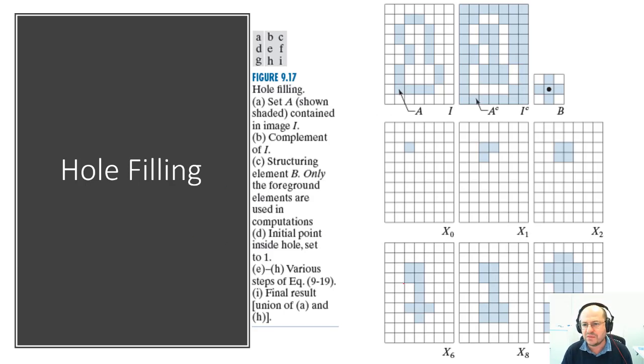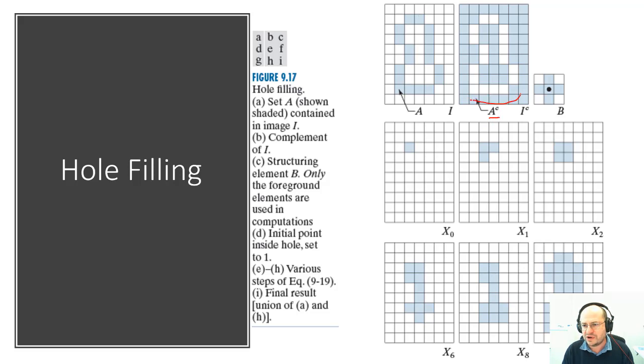So let's start from this image. We start from this image that is the boundary of a number 1, and for this procedure we also need the complement of A, which is everything that's not foreground of the number 1.